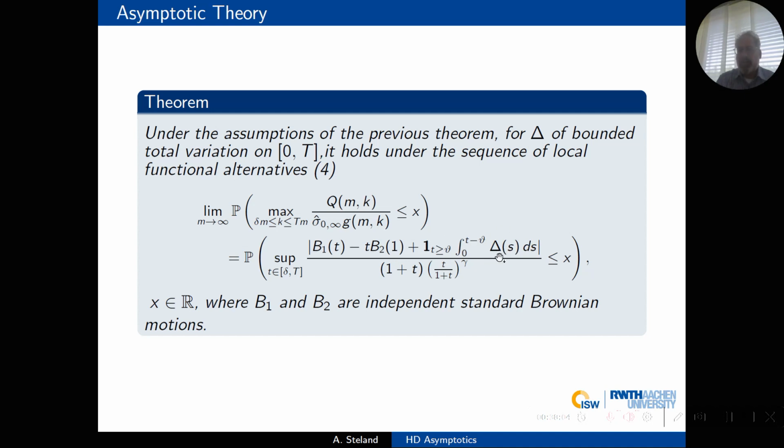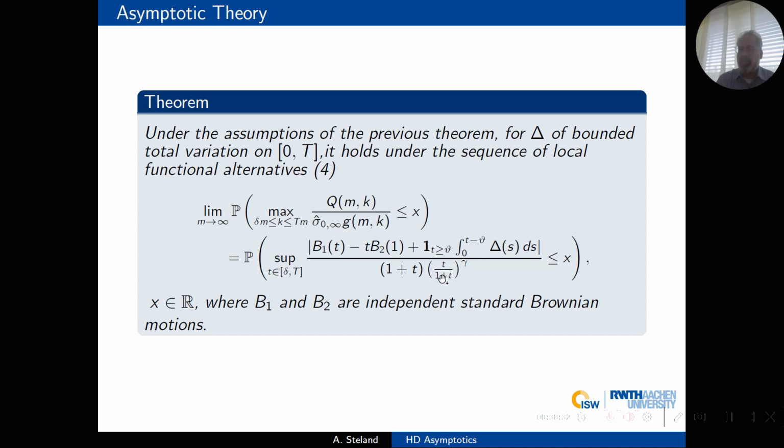It induces a drift term in the asymptotic distribution, which starts right after the change point and then cumulates the delta function. So the cumulated impact of the delta function gives here the drift function. And here B1 and B2 are two independent standard Brownian motions.